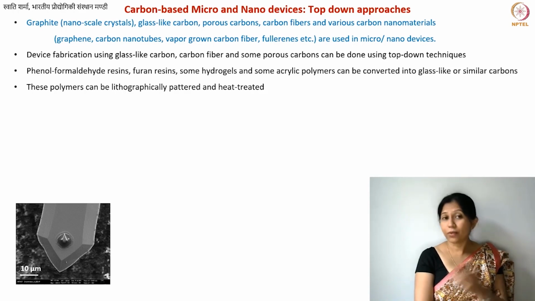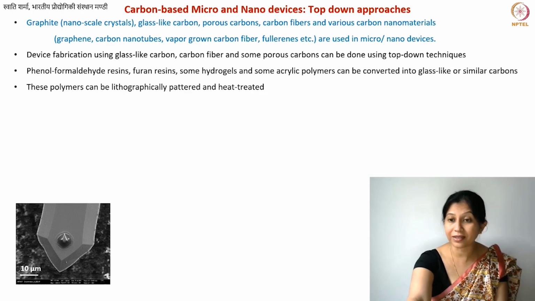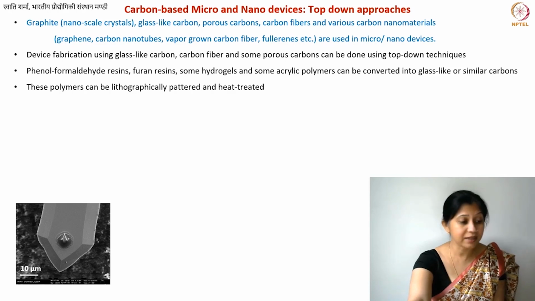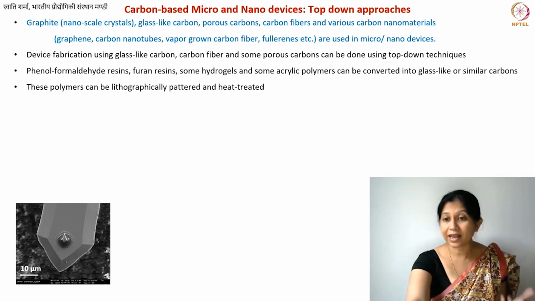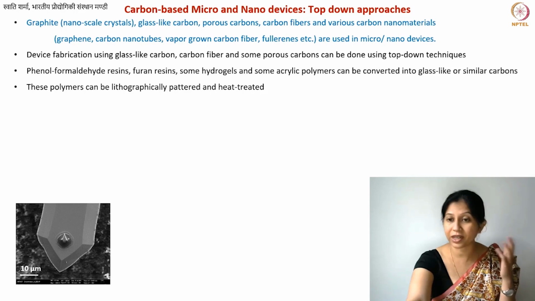Okay, so you can use not just phenol formaldehyde resins, also furan resins, acrylic polymers, and maybe some other polymer will give you a good carbon. There are certain hydrogels also which give you good quality carbon, and whether or not it is glass-like carbon is something you have to see. You have to perform certain experiments, see what is happening to your structures, whether they are getting deformed because of the coking process or not.